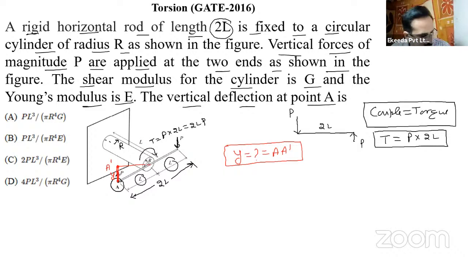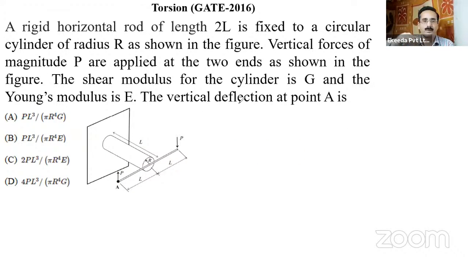So how to solve this question? How can we solve this question? So let us proceed. What is the torque? Torque we have already found out. Torque will be equal to P multiplied by 2L, so this will be equal to 2PL.